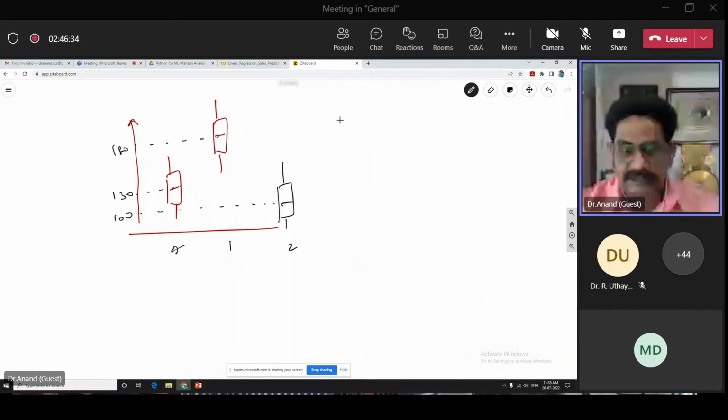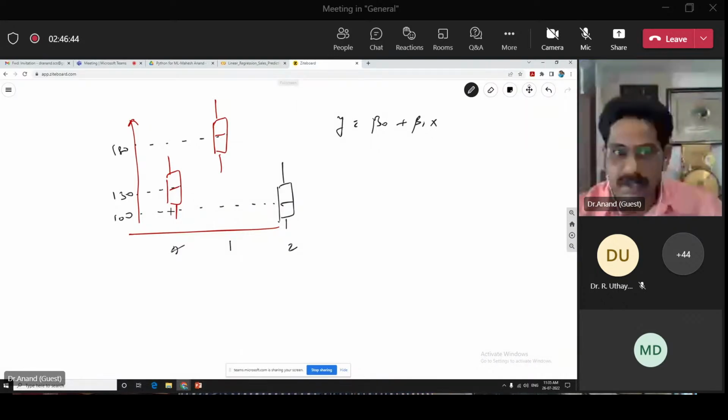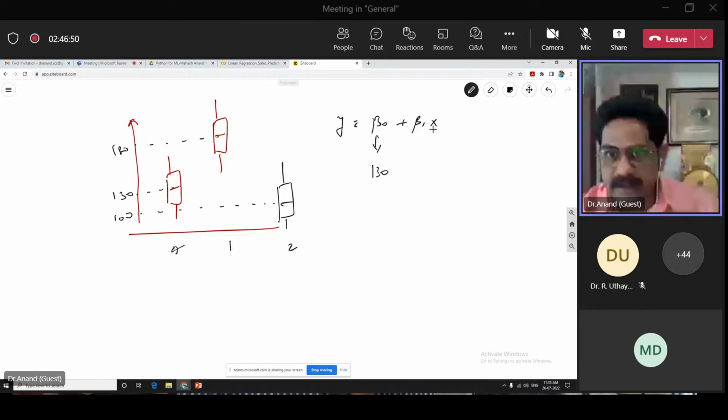If I directly use the equation beta naught plus beta 1 x for this, assume when I substitute x equal to 0, I'm saying my model should predict 130. In that case, you fix beta naught as 130. Whenever you substitute x equal to 0, your intercept is 130, and it works for this category.